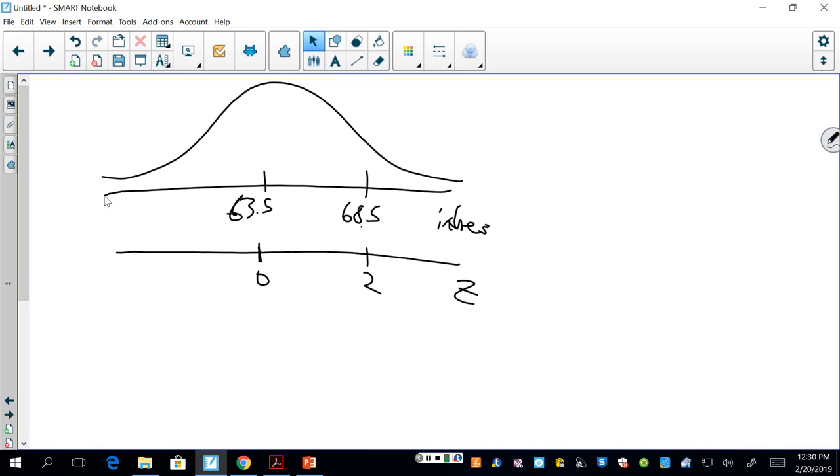In figuring out normal probabilities, we'll use that the total area is 1, that it's symmetric. So going down 2 standard deviations is 58.5. Right? So here, the mean is stated as 63.5, the standard deviation is 2.5.